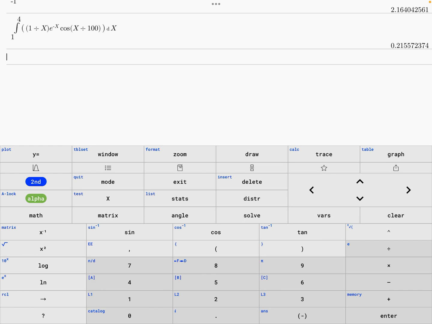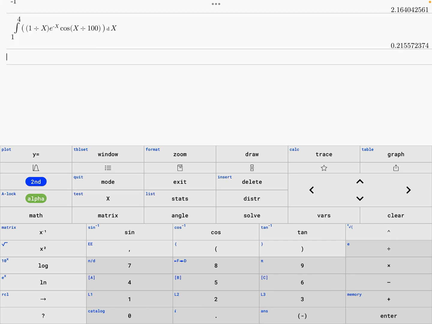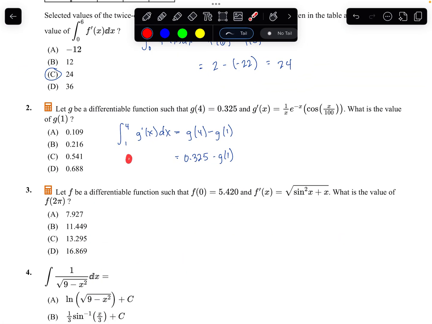And I get that right there. Okay, so rounded to 3 decimal places, that's 0.216.